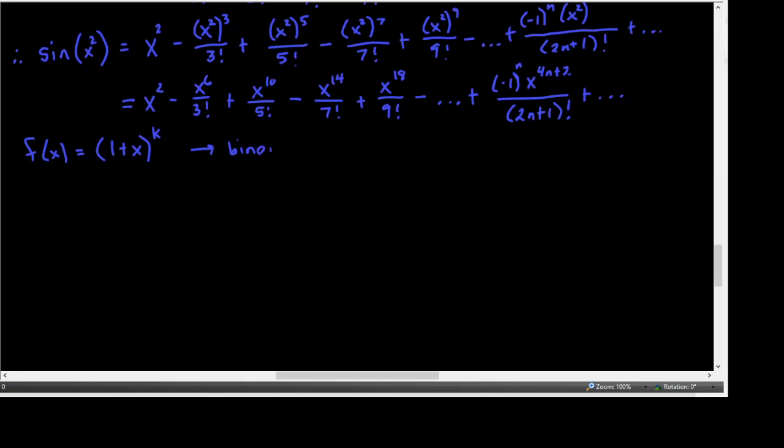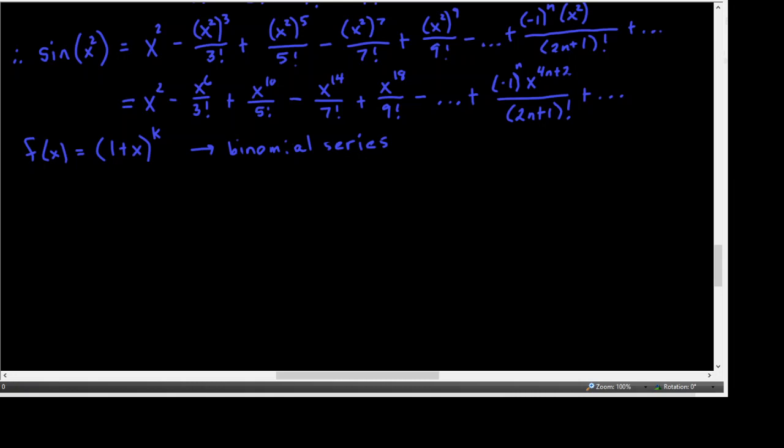So this is a named series that we're going to produce for this function. Okay. So we're going to find the Maclaurin series for this function, which means, of course, it's centered at 0, and find its radius of convergence.